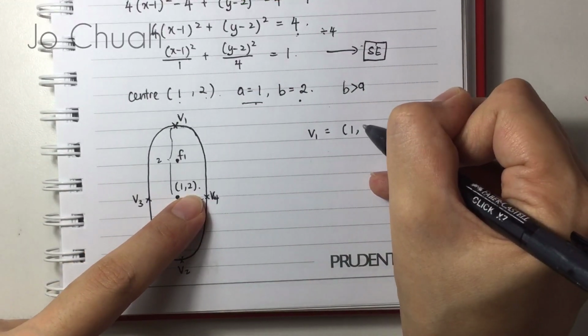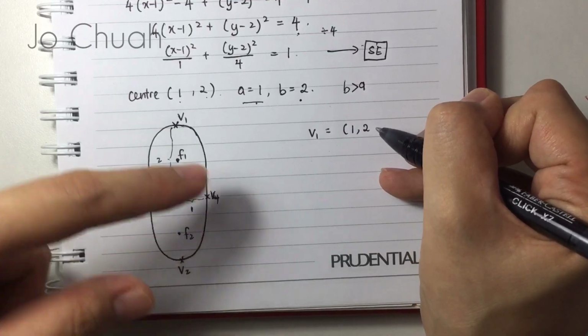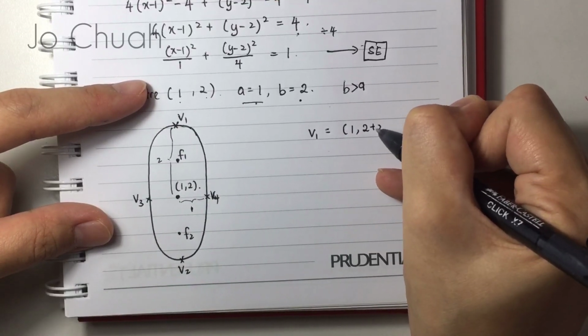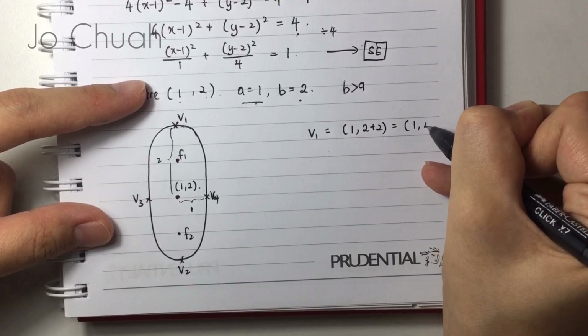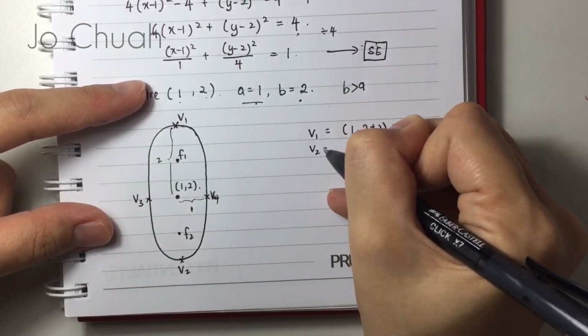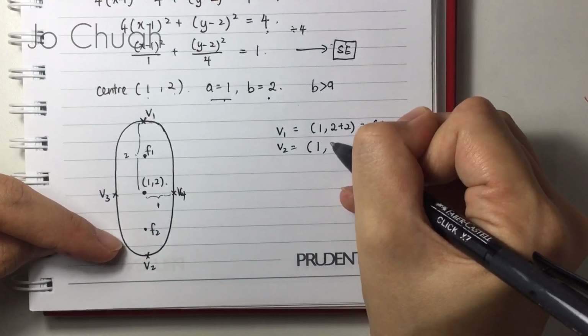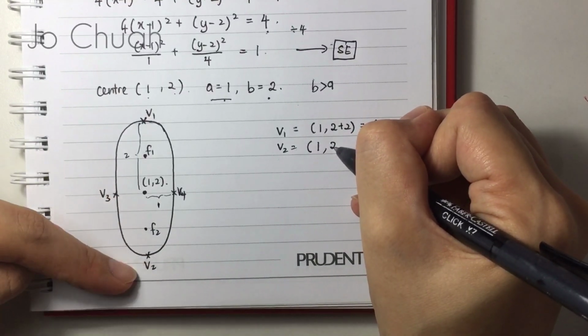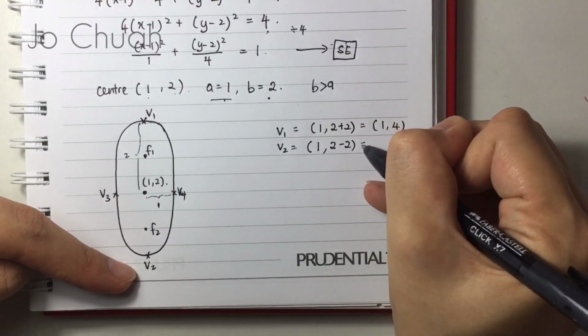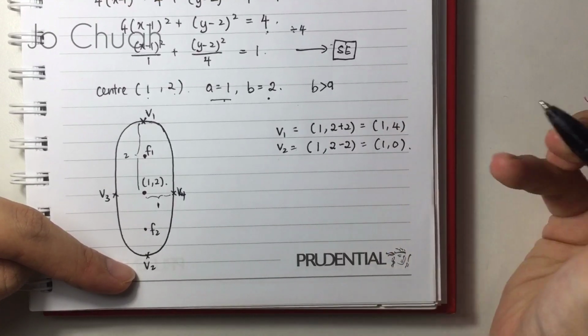It's just that the y coordinate will change, but it increased by 2. So plus 2, which is 1, 4. And for the V2, the x coordinate is the same, but then the 2 goes down. So it's minus 2. So it's 1, 0.